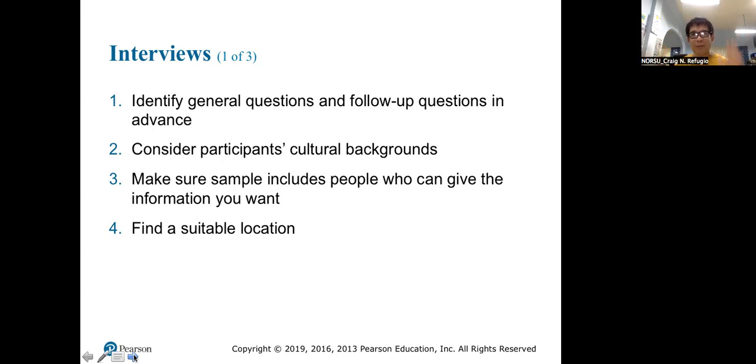Have a place that is convenient to both you conducting the interview and the one you are interviewing. As much as possible, do not look only at your comfort zone, but also at the perspective of the one you are going to interview. Most of the time, we look for a location that is suitable and comfortable for the one we are going to interview.